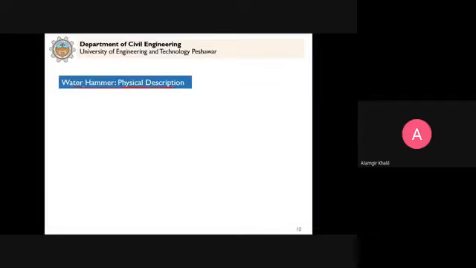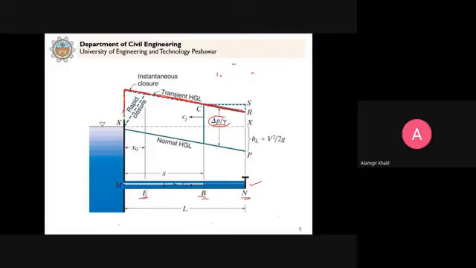of how this increase in pressure has occurred. Clear? I said that the pressure wave travels from here up to here and then it comes back. When it goes from here to here, it increases the pressure, and when it comes back, it brings the pressure to the normal pressure again.